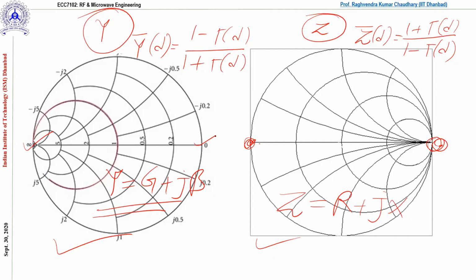Either you can go with the impedance chart or the admittance chart, both will work. But normally, if ZL or the Z points are given, we move lambda by 4 over the Smith chart and we get y, the admittance. Correct. So let us solve one problem and see how we can manage these things.